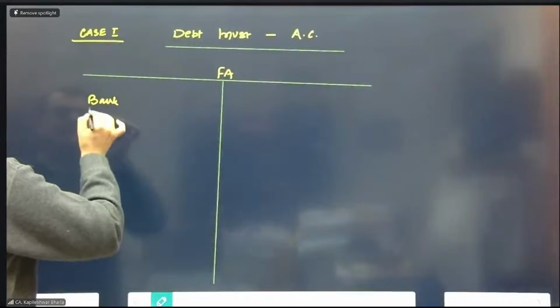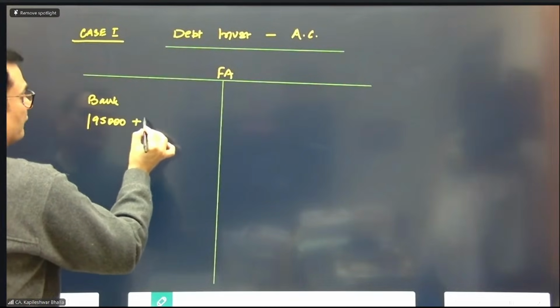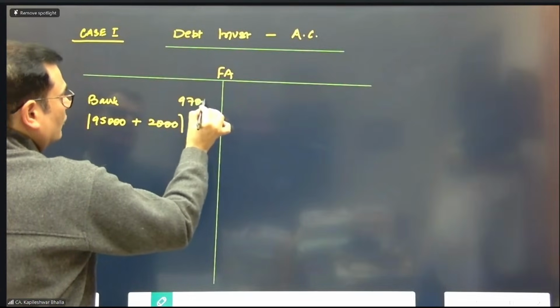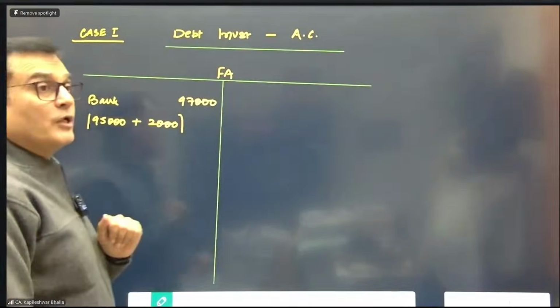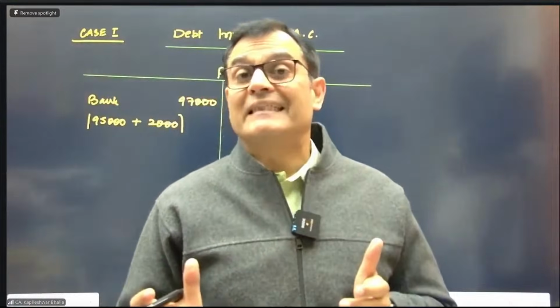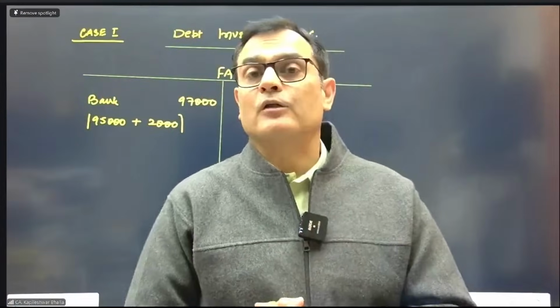In terms of AC, the initial recognition will be inclusive of the transaction cost incurred. So we invested a total of 97. The logic is fairly simple. What you used to do earlier, even in intermediate, is that if there is any brokerage and commission given, it's a part of the acquisition cost of the investment.